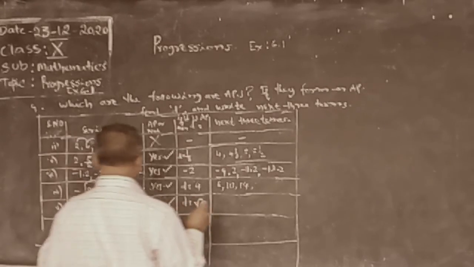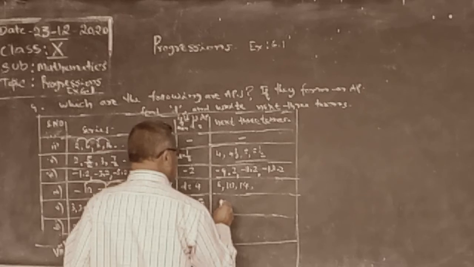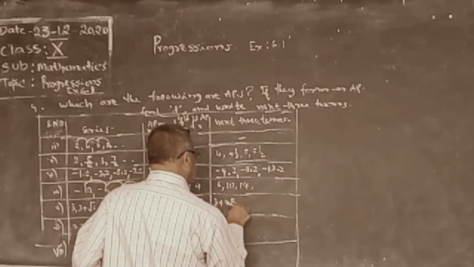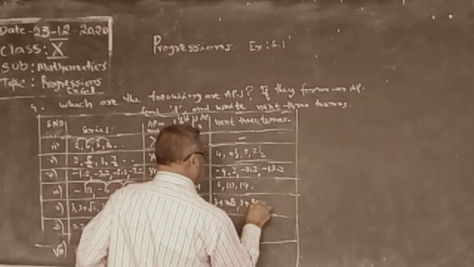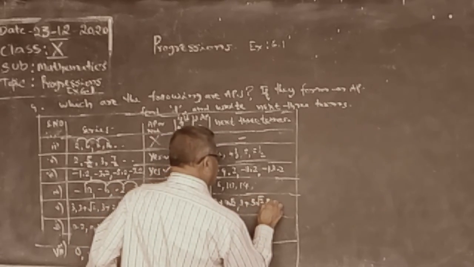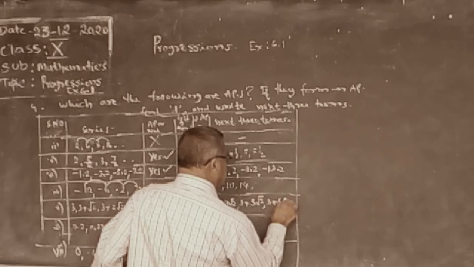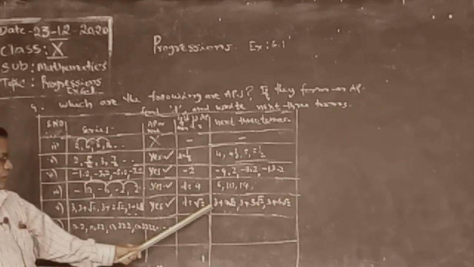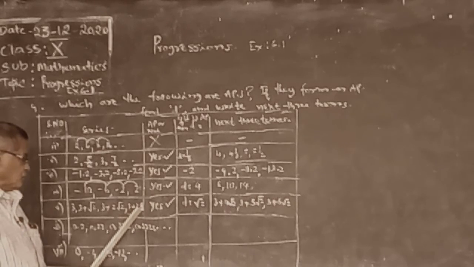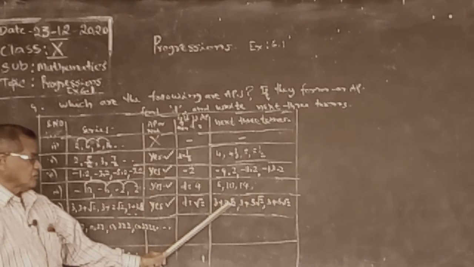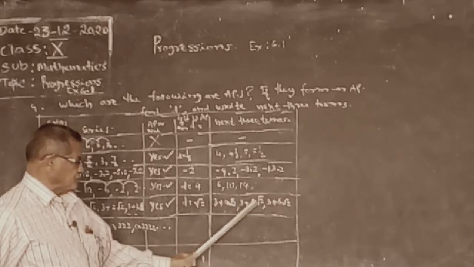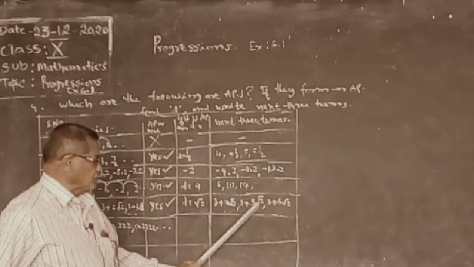Now add: 3 plus 3 root 2, 3 plus 4 root 2, 3 plus 5 root 2, 3 plus 6 root 2. Every time you go on adding root 2.